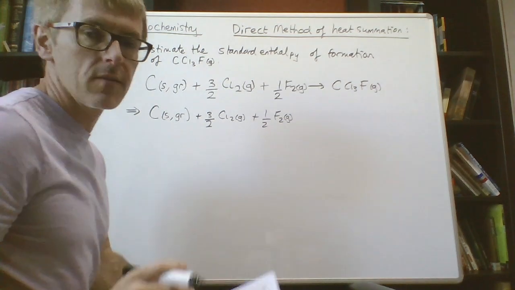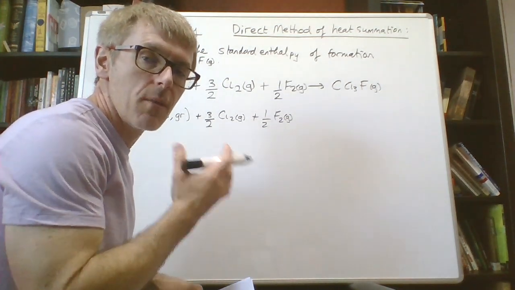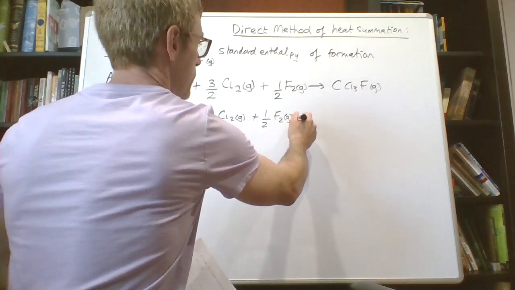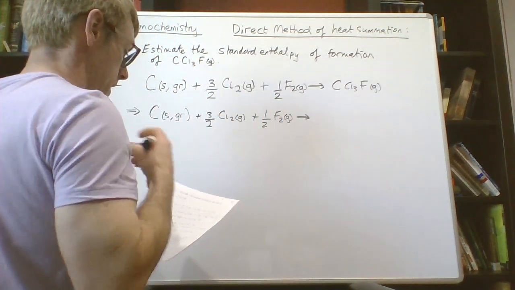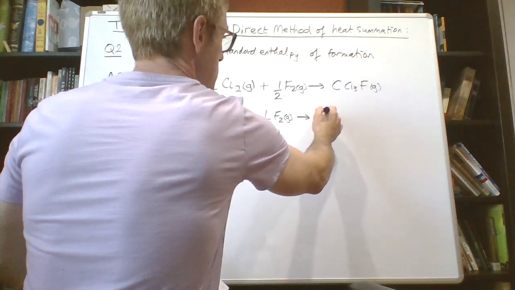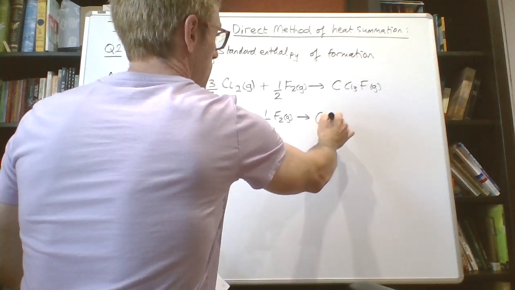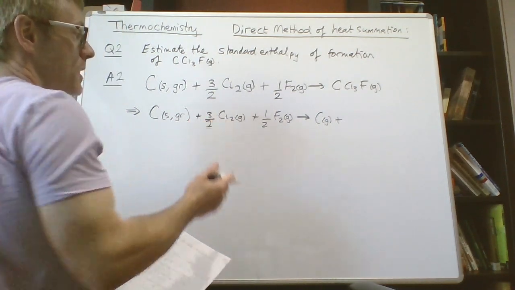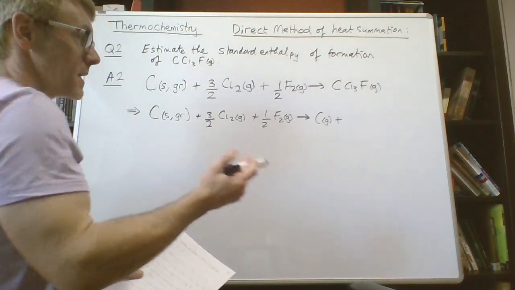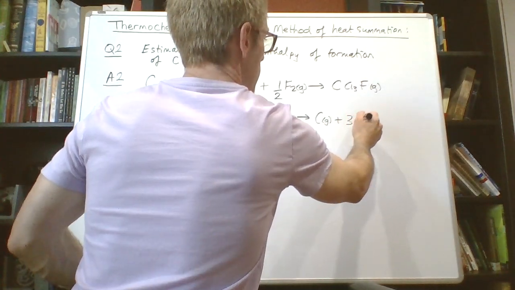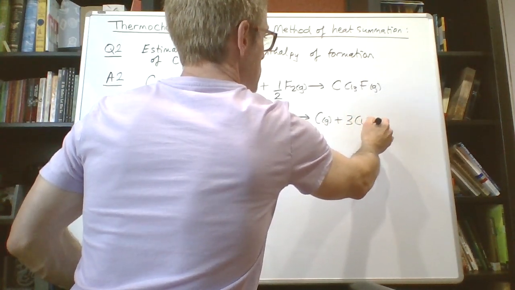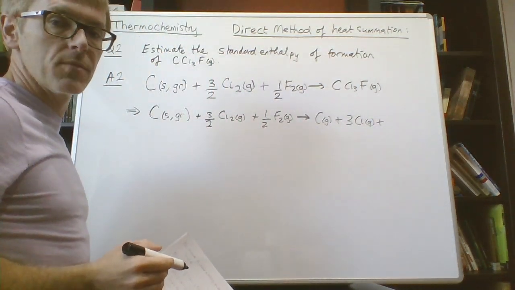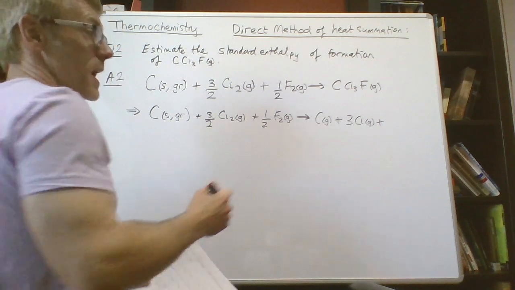I shouldn't really say half a molecule. I should say half a mole's worth of full molecules. That would be much more accurate. Okay, and this is going to give me carbon in the gaseous phase. 3 halves of Cl2 is going to break down into 3 Cl atoms in the gaseous phase. And a half a mole's worth of F2 is just going to give me 1 mole worth of F atoms.